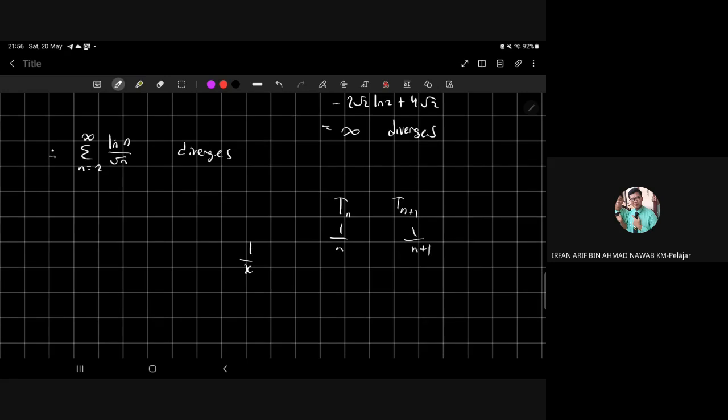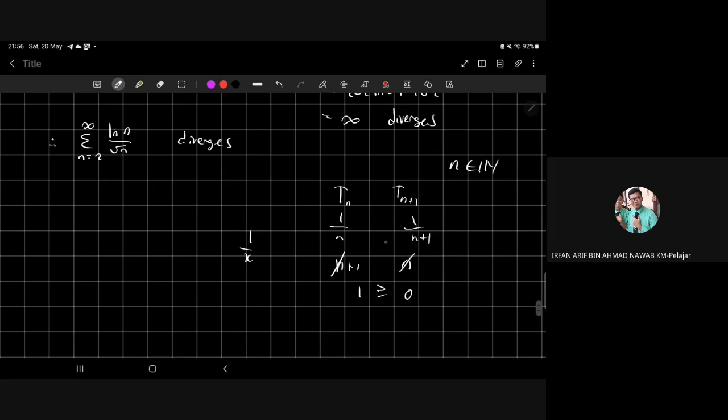Since n is a natural number, there's no problem canceling both denominators, and the inequality will not change. So we have n plus 1 and n, and then n can be subtracted from both sides. We have 1, and from here it's larger than or equal to 0. So it does satisfy.